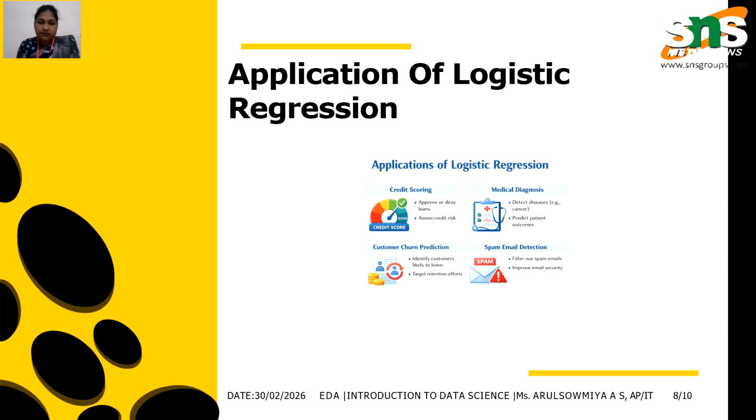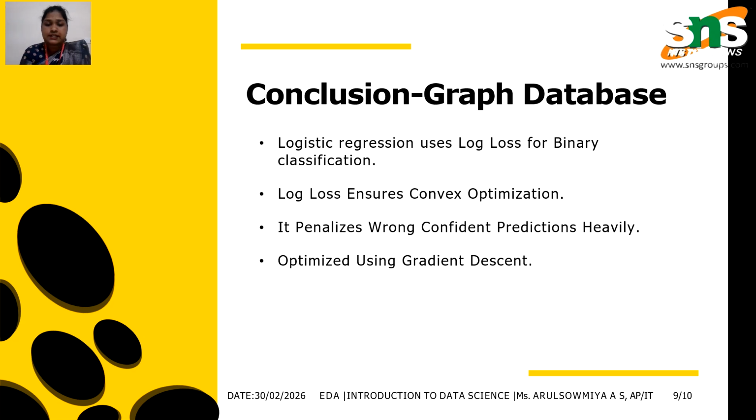So, applications of logistic regression: credit scoring, medical diagnosis, customer churn prediction, and spam email detection. Logistic regression is a statistical method that we can use for classification problems, especially when the outcome is binary, like yes or no, spam or not spam, disease or no disease.